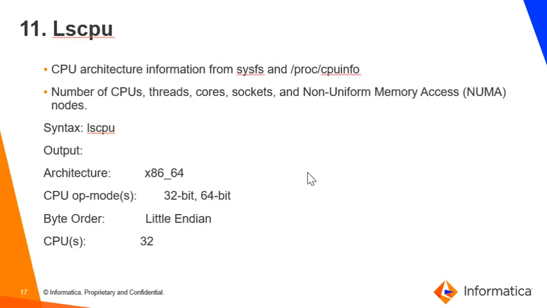The 11th command is lscpu. This command gives CPU architecture information from sysfs and /proc/cpuinfo. It gives the number of CPUs, threads, cores, sockets, and non-uniform memory access nodes.